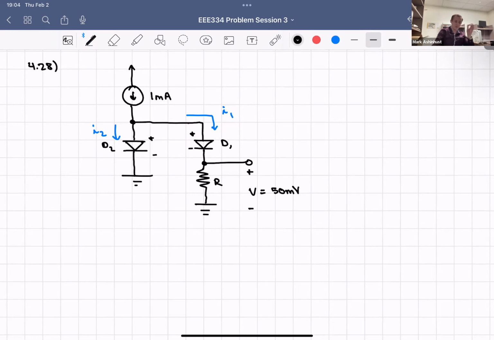Looking at that, that's a good start. That's a good setup. The first thing I would start with is maybe just writing some equations. The easiest place to start with that would be by Kirchhoff's laws. So we'd have Kirchhoff voltage law and Kirchhoff current law.